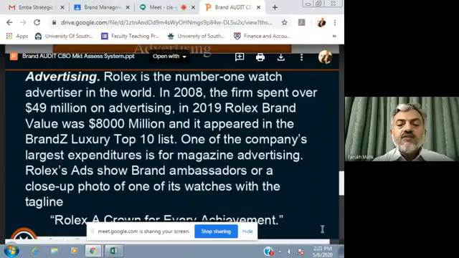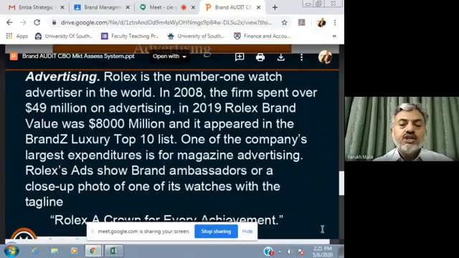One of the company's largest expenditures is magazine advertising. Whenever you are boarding a flight and traveling from one destination to another, the in-flight magazine has Rolex advertisements.